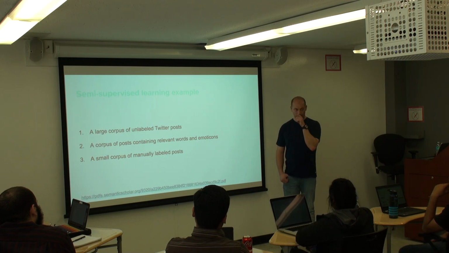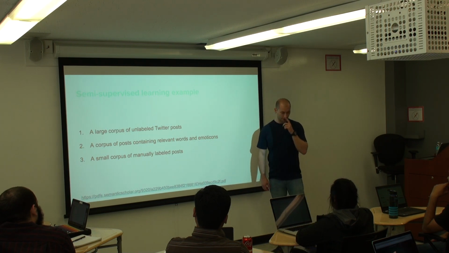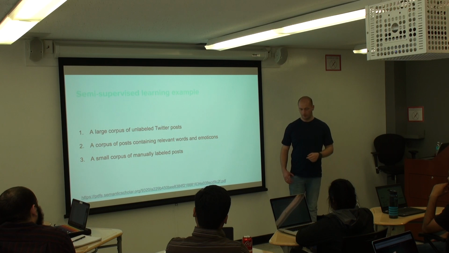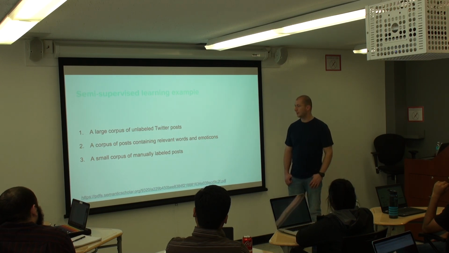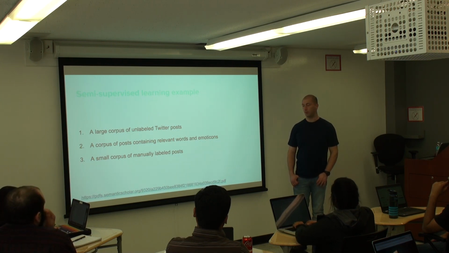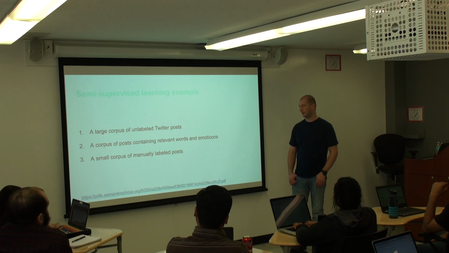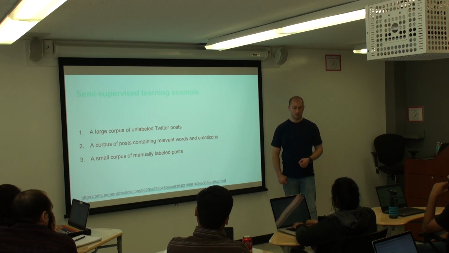There was one example, I thought I removed this slide as well, but luckily I have not. At the bottom there is a link. This is a paper from 2015, I guess, I don't remember exactly, by one of my friends. They did sentiment analysis for Twitter posts, and they had a really limited amount of hand-labeled examples.